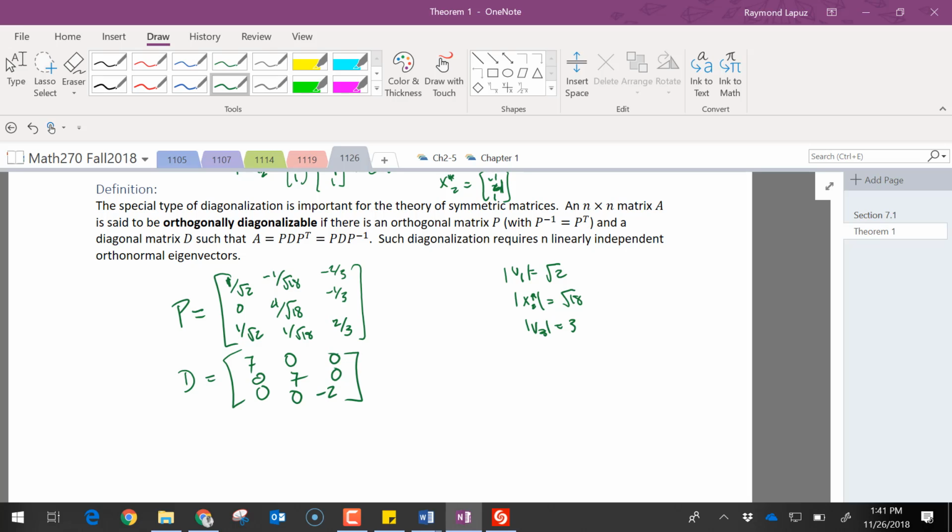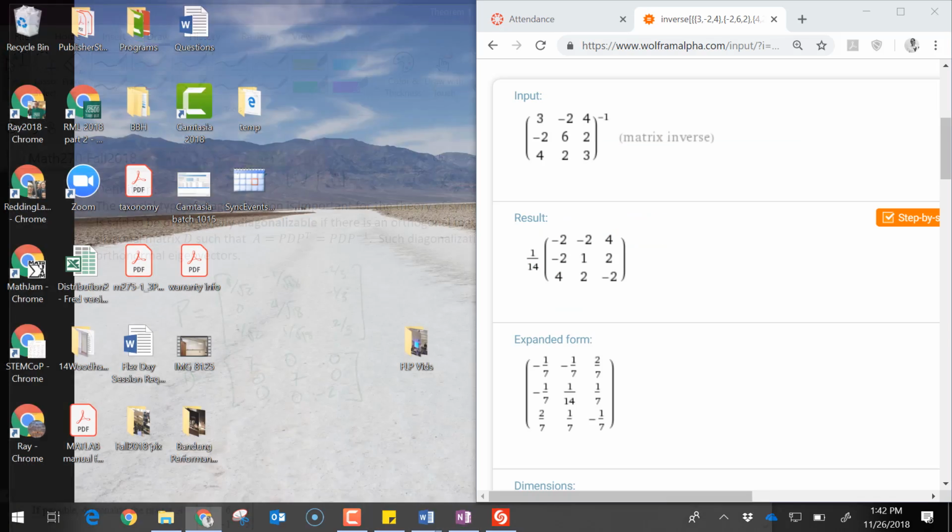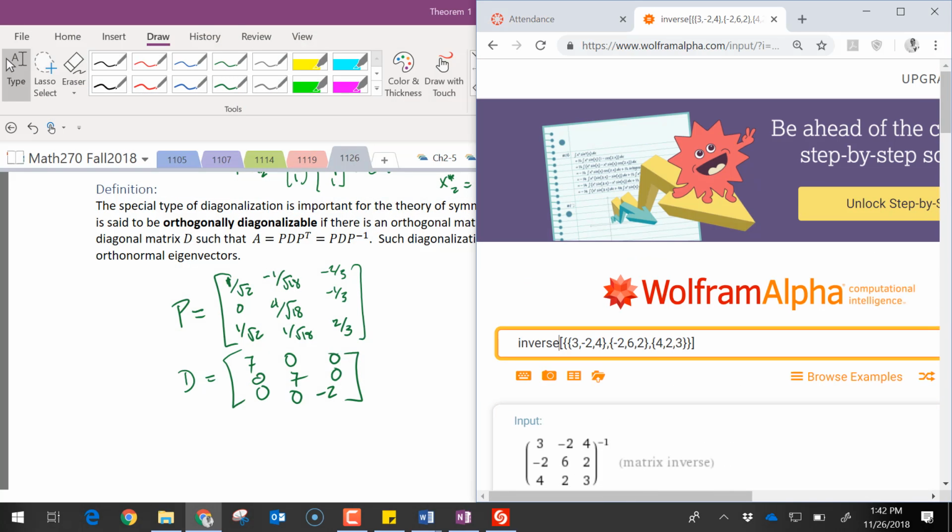Okay. So now let's take this P matrix. Probably should have switched to MATLAB already. 1 over square root of 2. This is going to be tedious. Let's copy this. Let's just do it like this. So that's the first row.